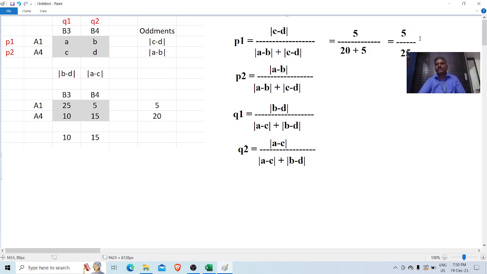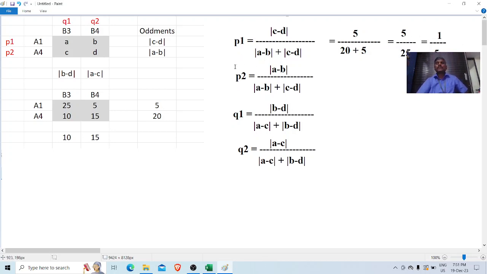In other words, we can simplify this to 1 by 5. The probability of using the first strategy by firm A is 1 by 5.